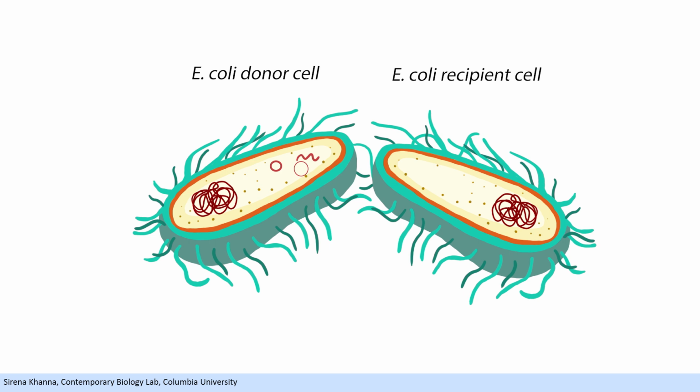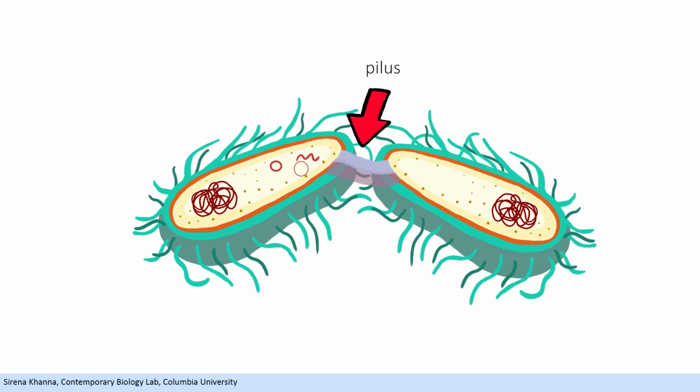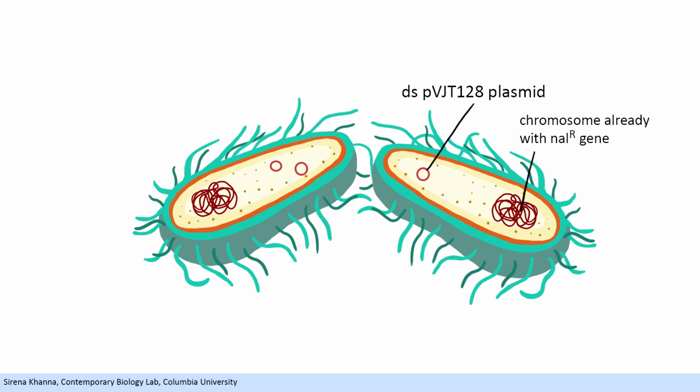The proteins made from the TRA genes in the donor help make a pilus, or mating bridge, between the donor and the recipient, and these proteins also assist the single-stranded PVJT128 DNA into and across the pilus. When the single-stranded DNA makes it into the recipient, it circularizes, and the pilus is degraded. In both the donor and the recipient, the single-stranded DNA is copied so that the plasmids become double-stranded and fully functional.